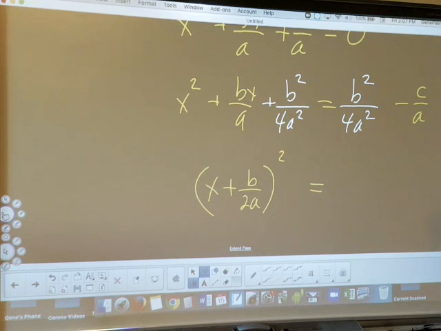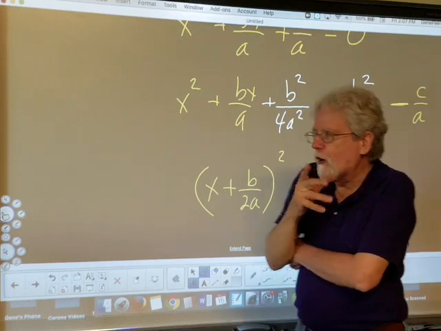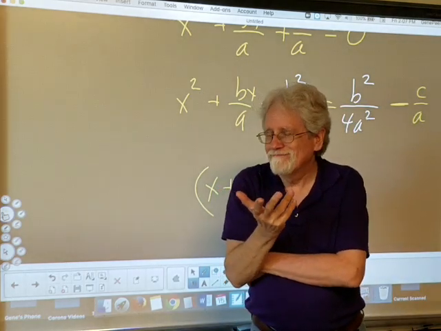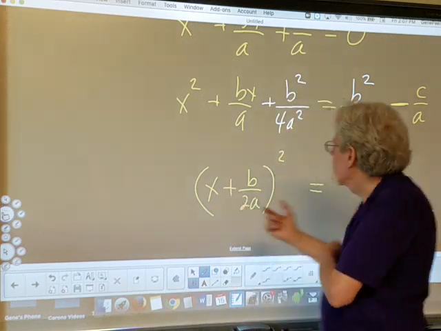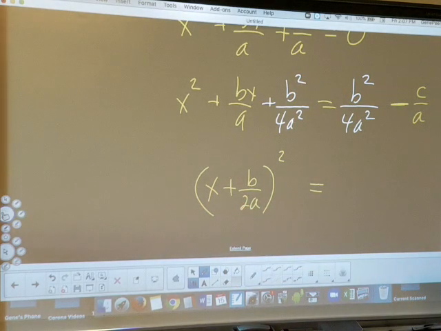Now here, we got a little bit of work to do. We need to put these fractions together. We need to combine these. We need to do the subtraction. But to do that, we need common denominators. This might be the hardest part of all, but folks, really, it's not hard. We just need common denominators. What am I missing over here? Well, here I've got an a squared. Here I only have an a, so I need to multiply by another a there and an a here.